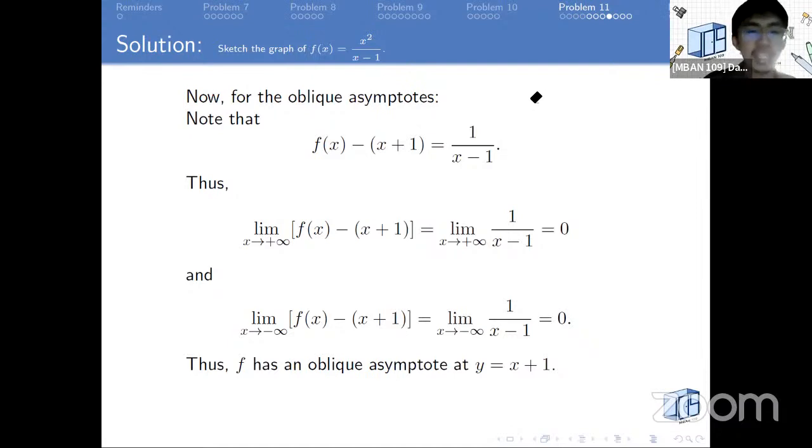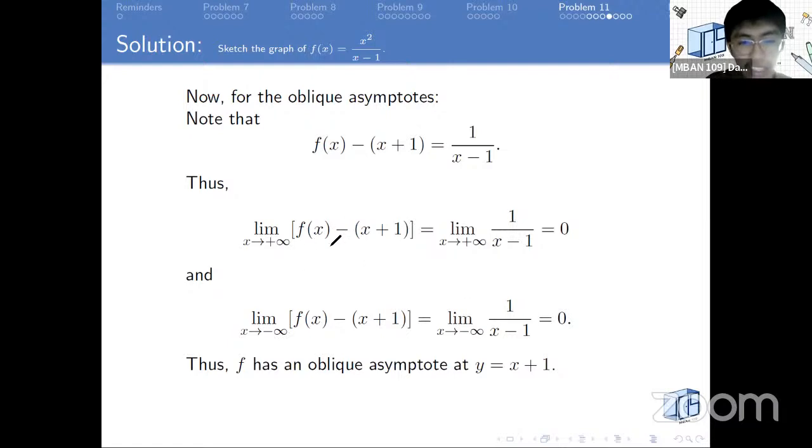So ngayon, for the oblique asymptote, meron tayong f of x minus the quantity x plus 1 equals 1 minus 1 over x minus 1. Ngayon, kukuhanin natin yung limit nila at positive infinity and at negative infinity.